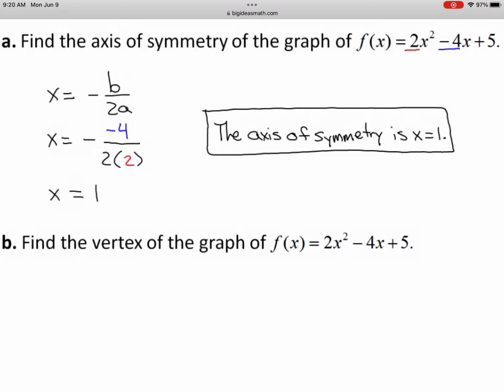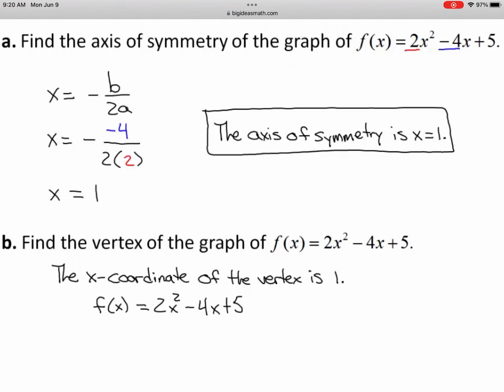Part B. Find the vertex of the graph of f of x equals 2x squared minus 4x plus 5. The axis of symmetry is x equals 1. So the x-coordinate of the vertex is 1. Use the function to find the y-coordinate of the vertex. First write the function. F of x equals 2x squared minus 4x plus 5.